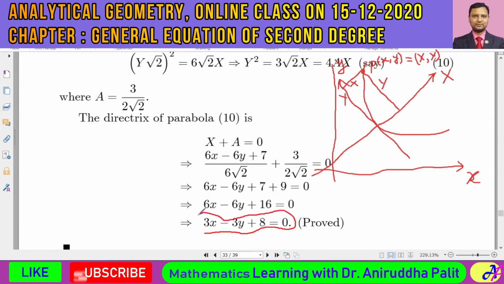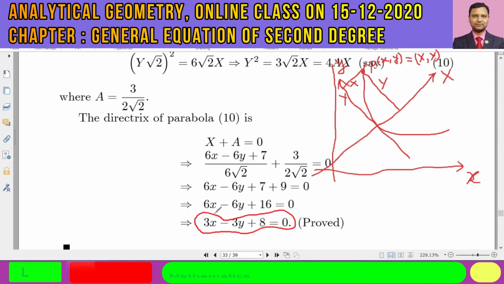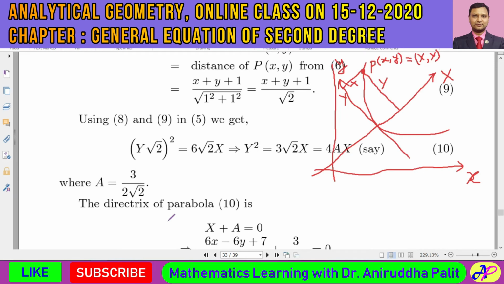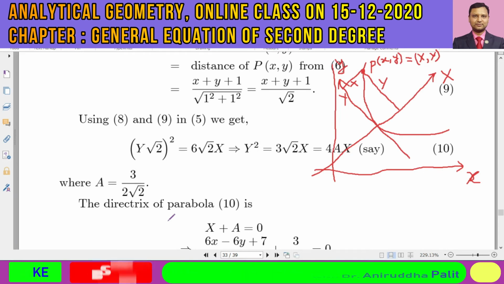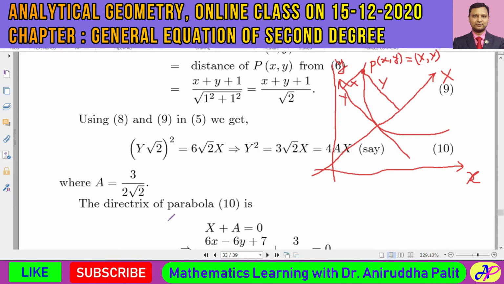This would be the equation of the directrix of the parabola. Got it? So in this way, you can compute the expression of directrix of the parabola. Now, is it clear to you? Do you have any question?